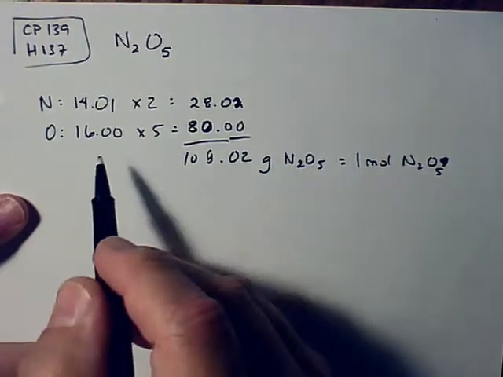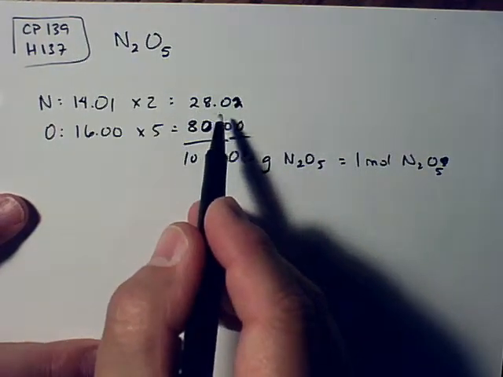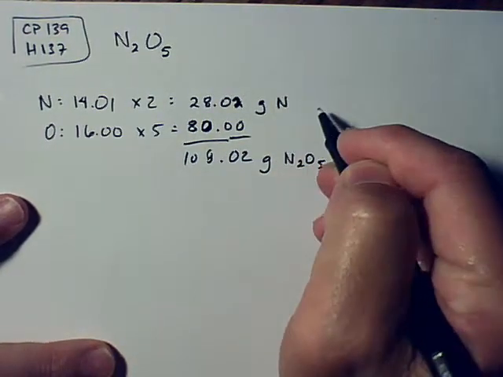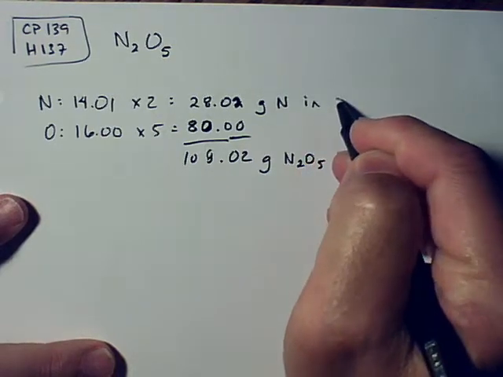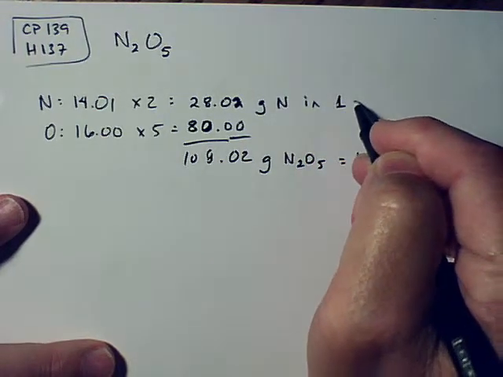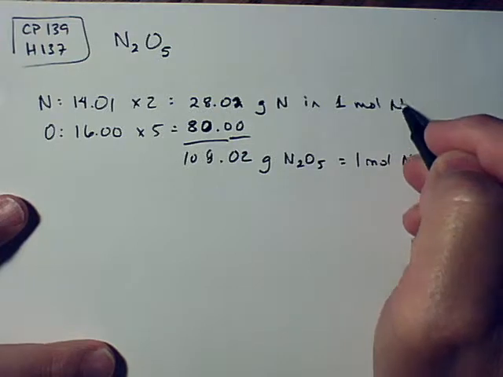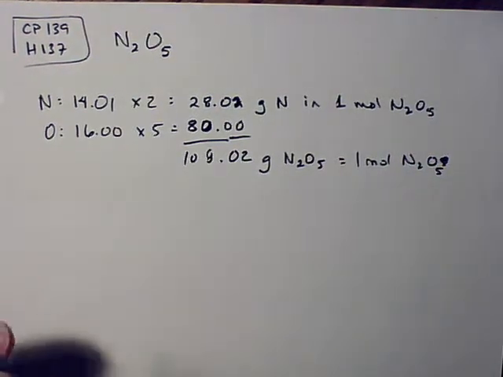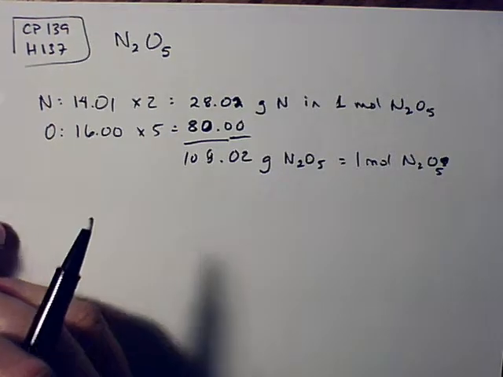Well, this number here is the grams of nitrogen in 1 mole of N2O5. I can't say they're equal because they're not equal, but that's the mass of nitrogen in that, right?